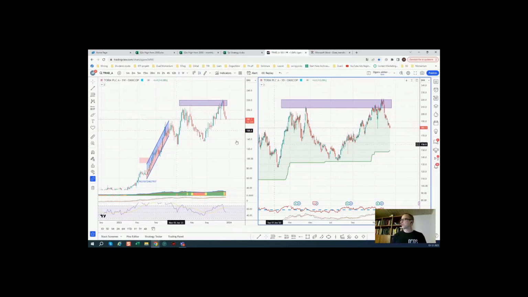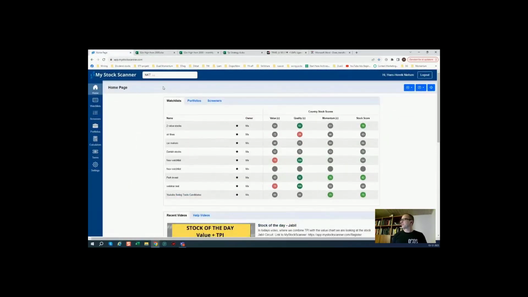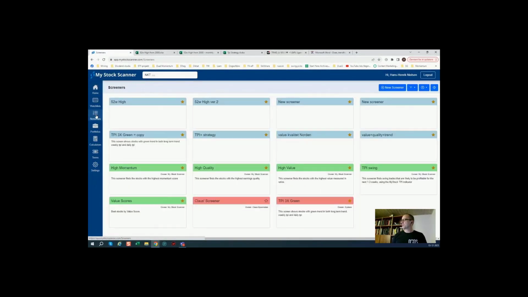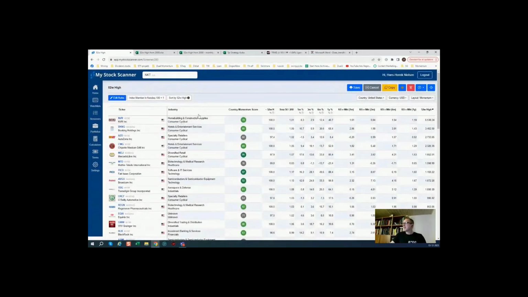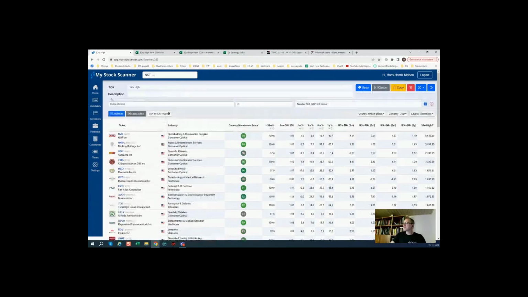Now, how do you find these stocks? Well, in here, in the My Stock Scanner, we have some screeners. And the one I have made here is just called 52-week high. The only rule I have put in here is that it needs to be an index member of either NASDAQ or S&P 500.